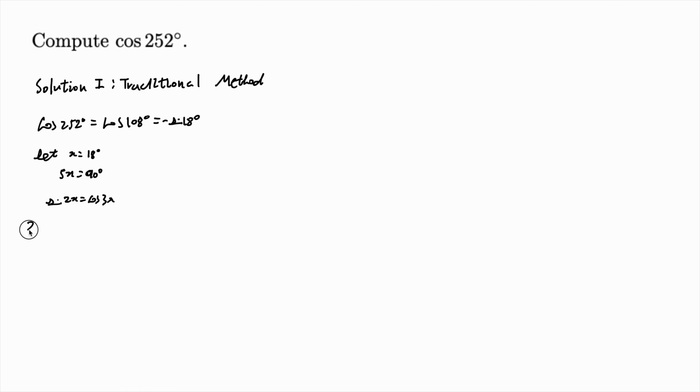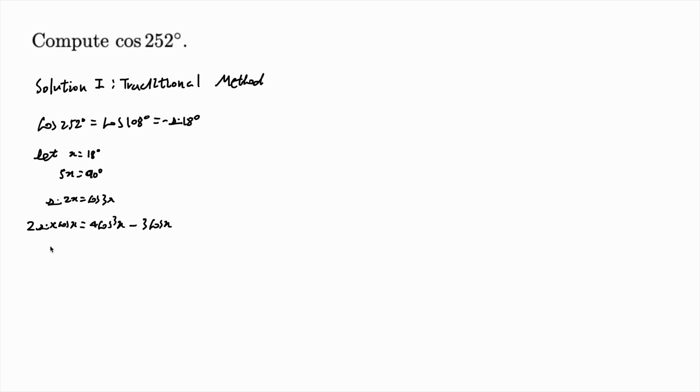Now let's modify this. So we have 2 sine x cosine x equals, the formula for this is 4 cosine cube x minus 3 cosine of x. We know that cosine of x is definitely not equal to 0 because x is 18 degrees.